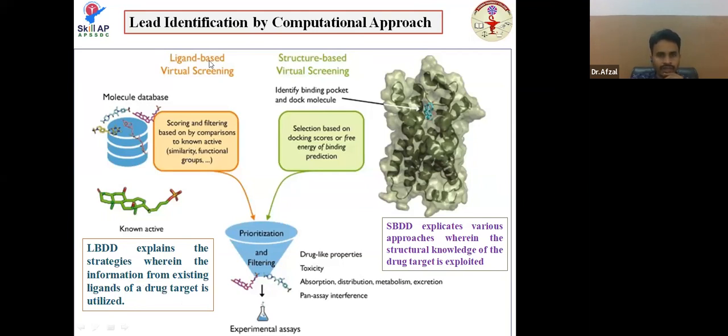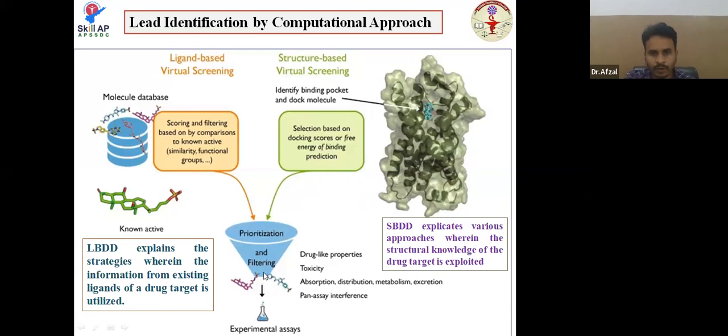And after ligand-based virtual screening, where we have got a series of lead compounds, as well as structure-based screening, we'll go for prioritization, right? In prioritization, we can't take all the molecules that are high. We should assess their drug-like properties, toxicities, as well as whether they have good pharmacokinetic profiles or not.